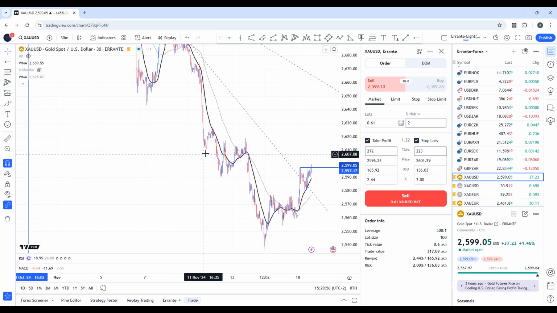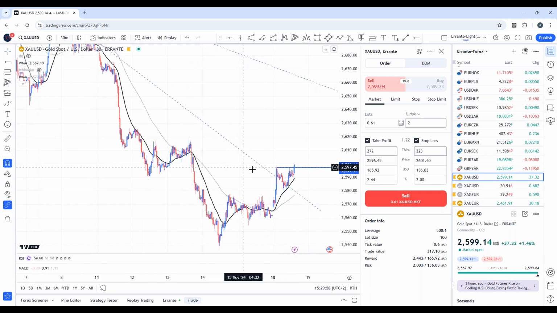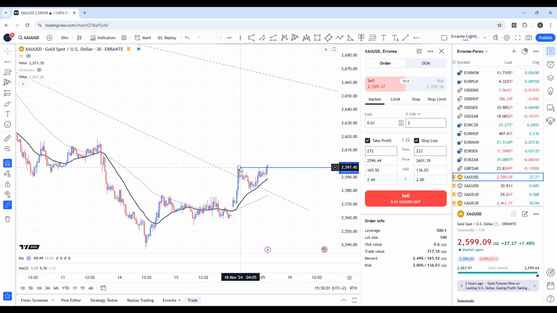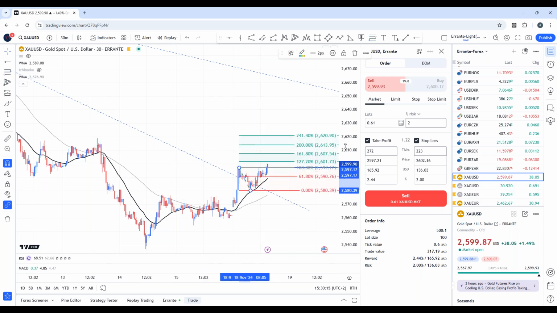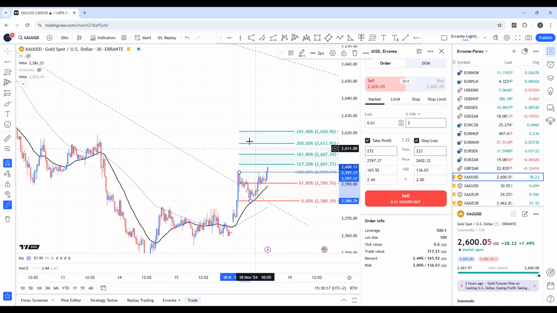Right now we have something like a breakout maybe here, and also it's trying to break above this very important resistance level. It can pave the way for higher targets.